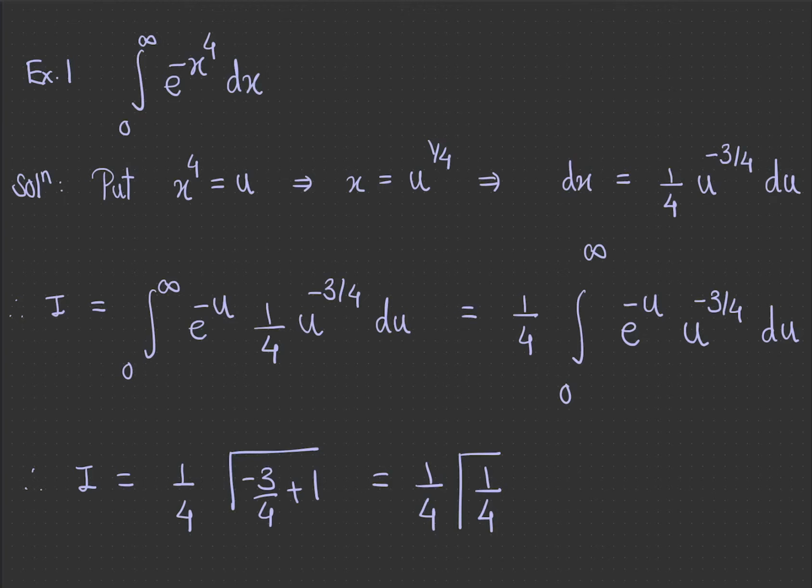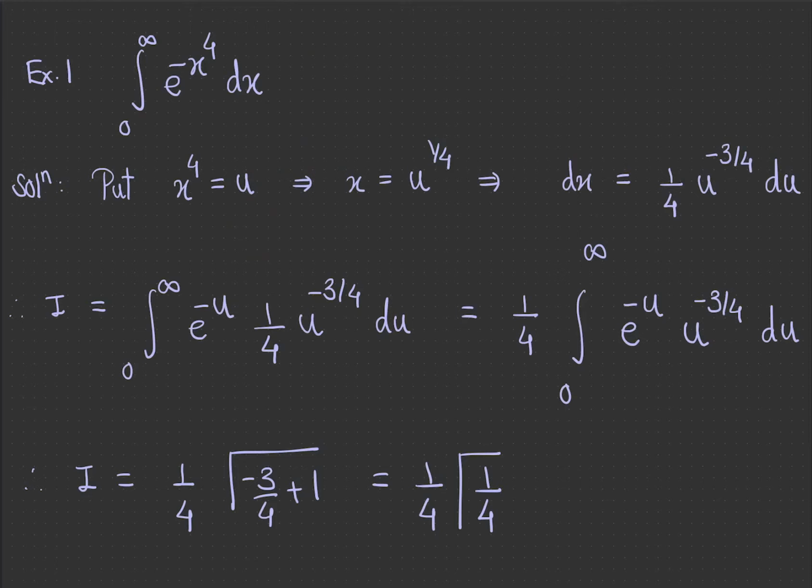So your first example is integration 0 to infinity e raised to minus x raised to 4 dx. Now here we see that in the exponent term, that is in the power of e, the term is minus x raised to 4, but in our definition the power is e raised to minus of x.